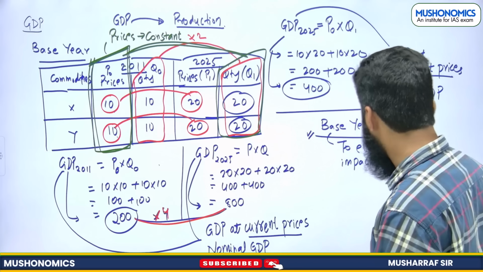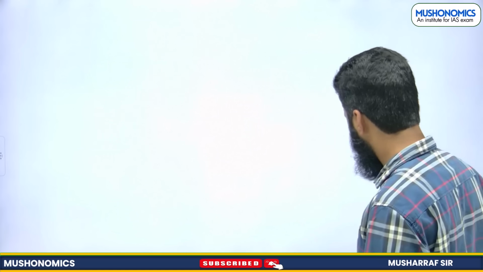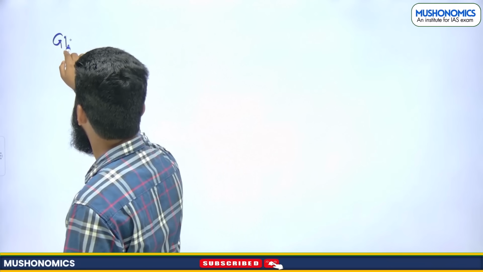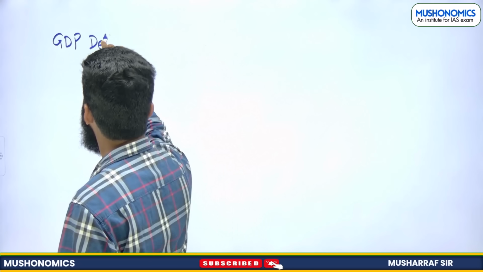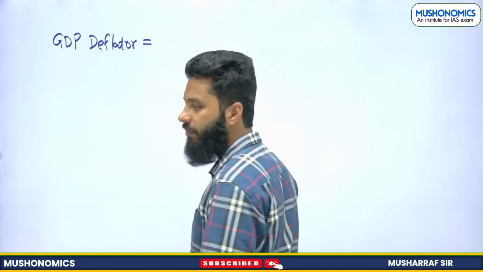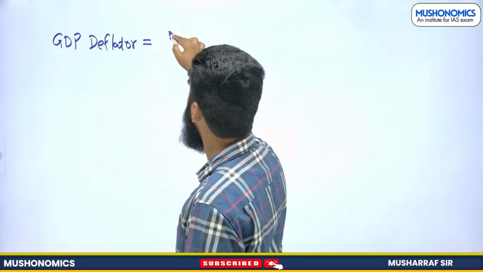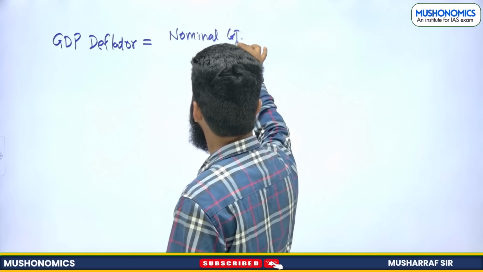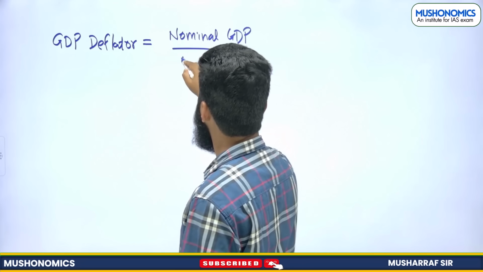Now a few more things we have to understand here. There is a term, GDP deflator. GDP deflator is nothing but the ratio of nominal GDP divided by real GDP.